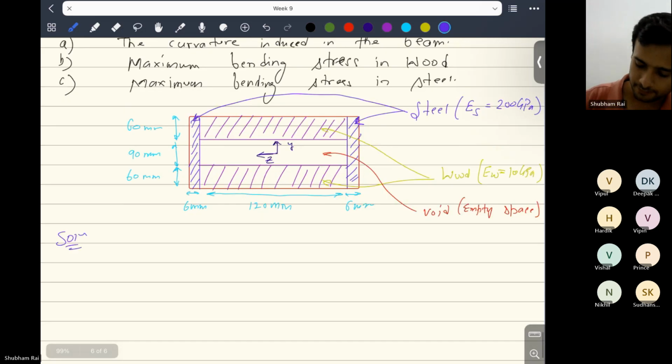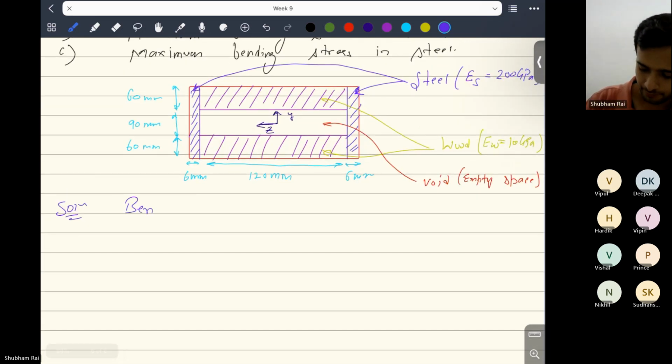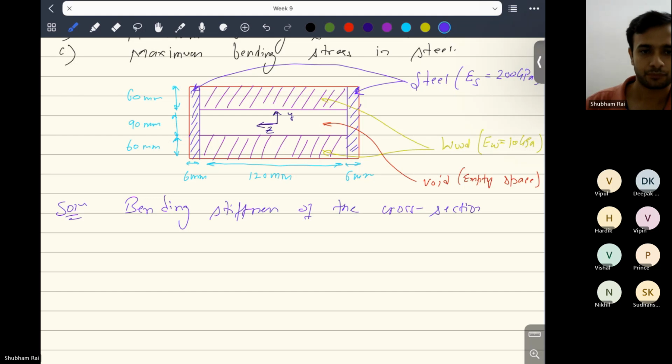solution. Firstly, you'll have to find the bending stiffness of the cross section. What will that be?